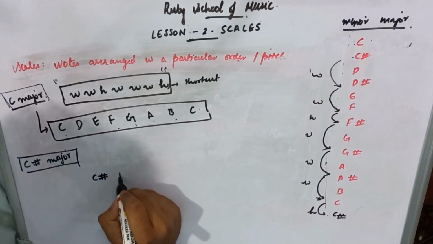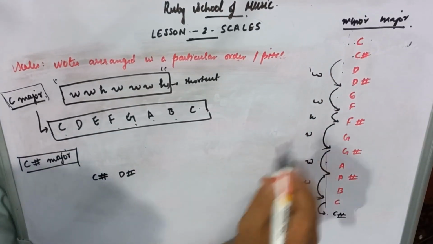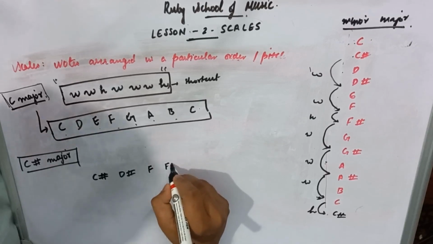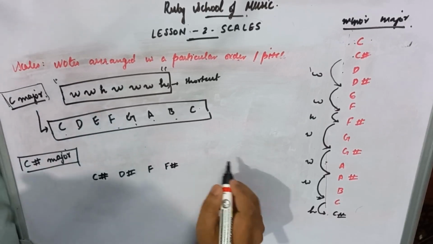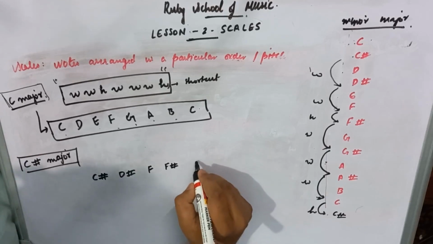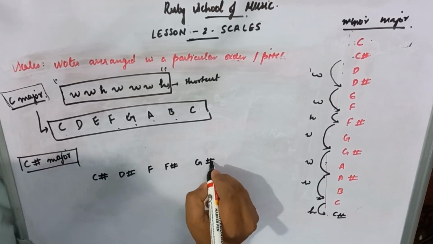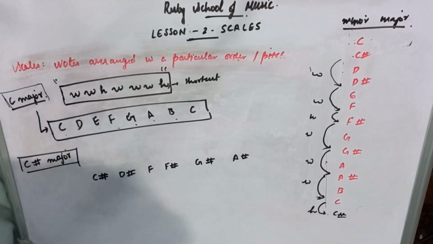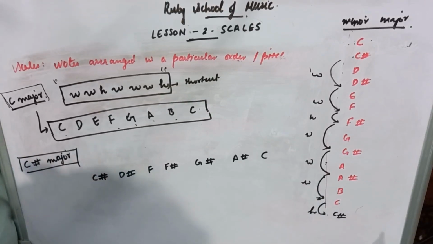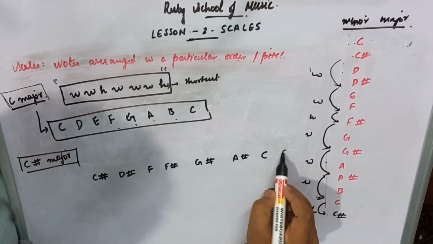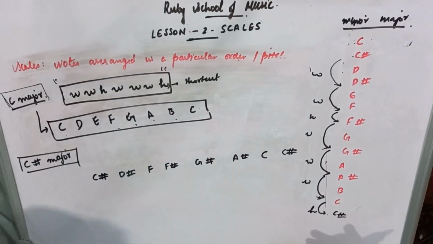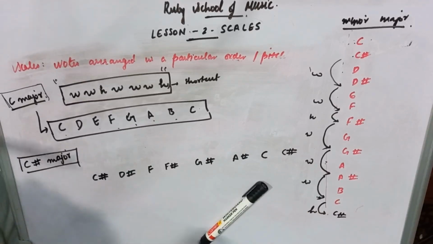C sharp to D sharp, D sharp to F, F to F sharp, F sharp to G sharp, G sharp to A sharp, A sharp to C, and again C to C sharp. See, it's simple. Now let's write the notes of D major.